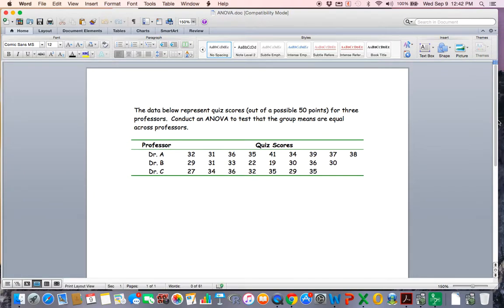The data below represent quiz scores out of a possible 50 points for 3 professors, Dr. A, Dr. B, Dr. C, and we've randomly selected 24 students, and we've recorded the professor they took and their score. Let's think about this as like a final exam score. And for some reason, someone suspects that there may be a difference in group means across Professor A, Professor B, and Professor C.